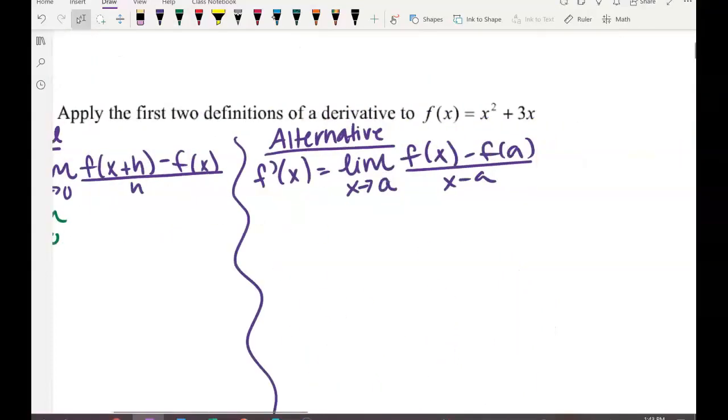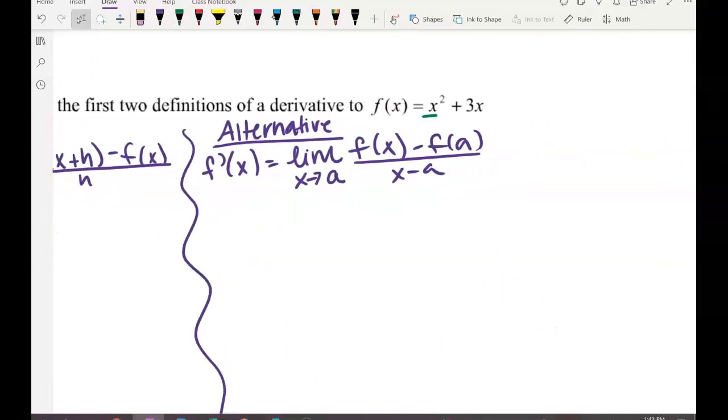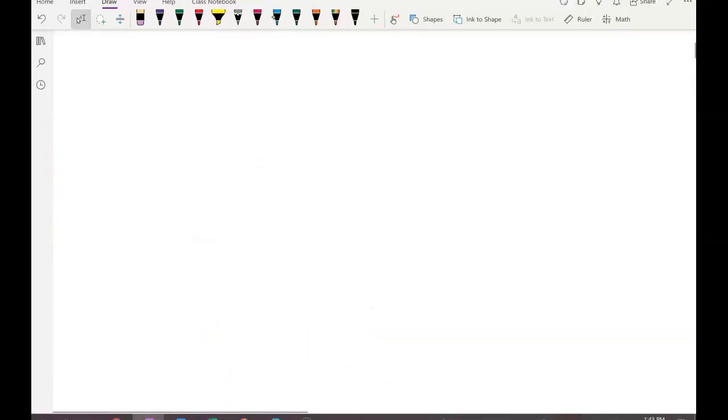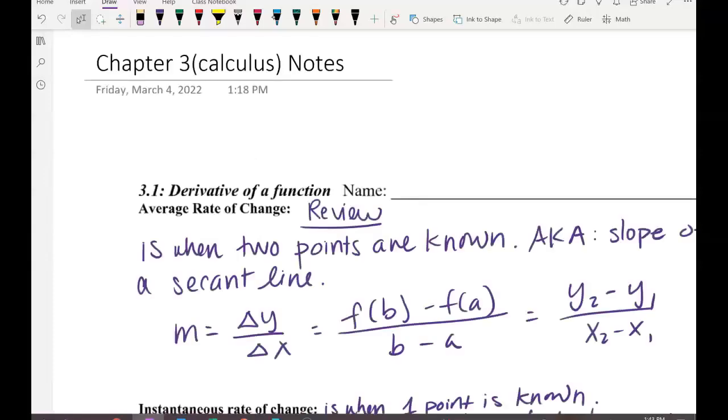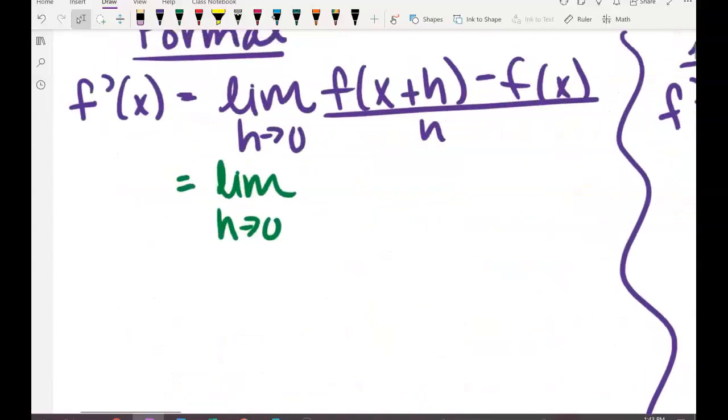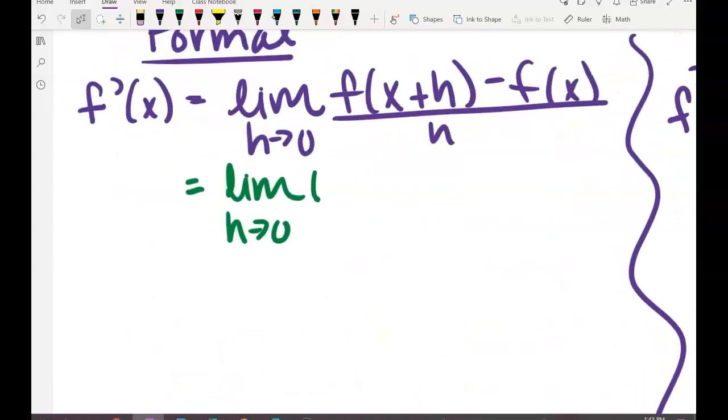So we have two locations of x over here. One is the square, so one is going to be something squared, and then plus 3 times something. Now minus f of x, okay?